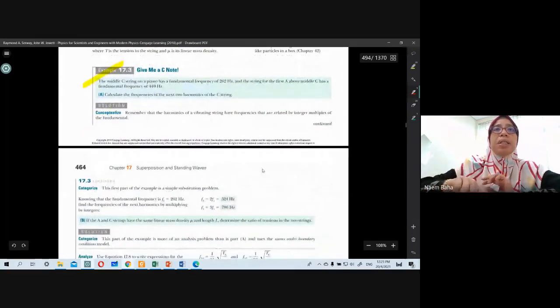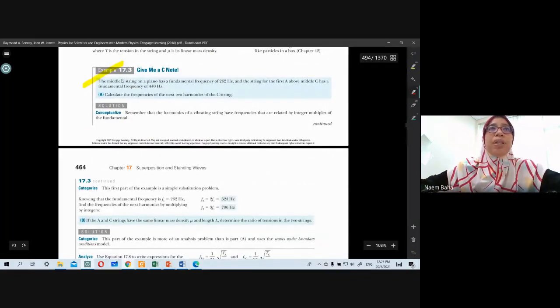All right. Now, example 70.3, the middle C string on a piano has a fundamental. The trick is, it doesn't say that this is number 1, but fundamental is number 1. The string for A above C has a fundamental frequency of 440. Calculate the frequency of the next two harmonics of the C string.